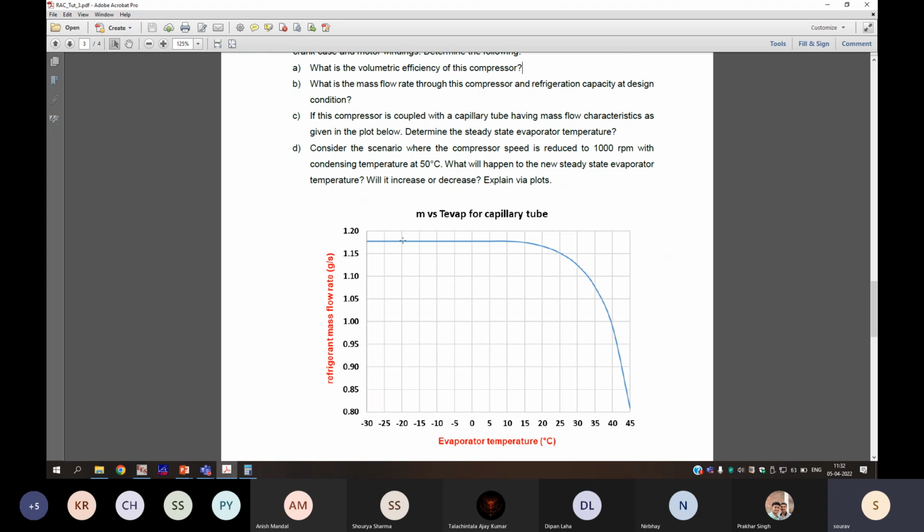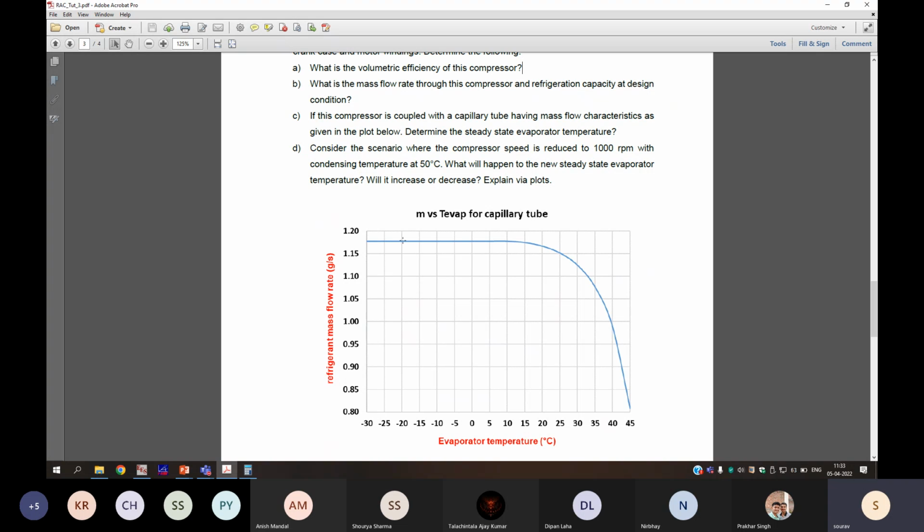If the mass flow rate drawn in by the compressor is more at this condition than your capillary tube, then obviously your next guess should be a lower evaporator temperature, isn't it? Because a lower evaporator temperature will further lower the mass flow rate through the compressor. So you have to reduce the mass flow rate drawn in by the compressor.